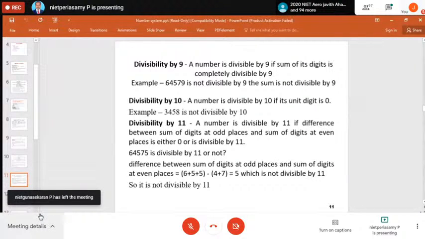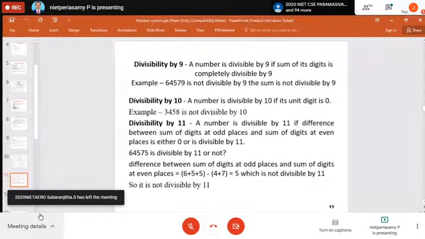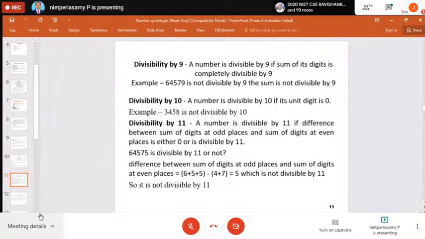Next one is divisibility by 11. A number is divisible by 11 if the difference between the sum of digits at odd places and the sum of digits at even places is either 0 or is divisible by 11.